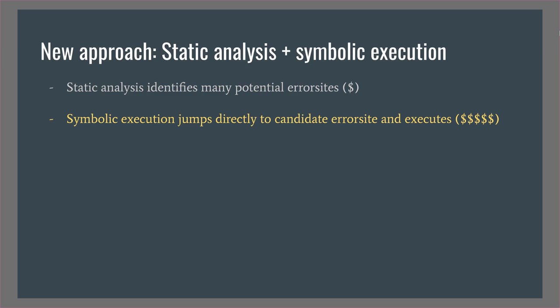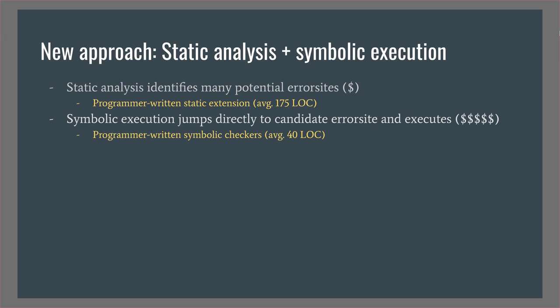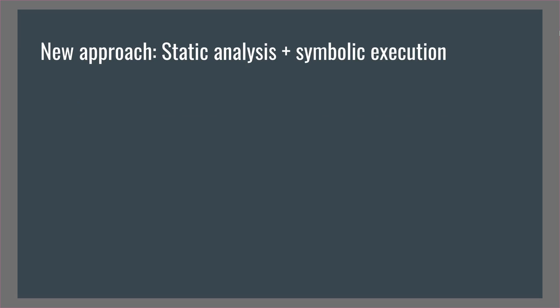This system requires programmers to write small static extensions and symbolic checkers to identify possible error sites. The static extensions are different from the static checkers we talked about earlier in this lecture, though, because they're much less conservative. Their whole job is just to guide powerful symbolic execution to useful parts of the codebase. If you want to use this tool in practice, this is what the workflow looks like.